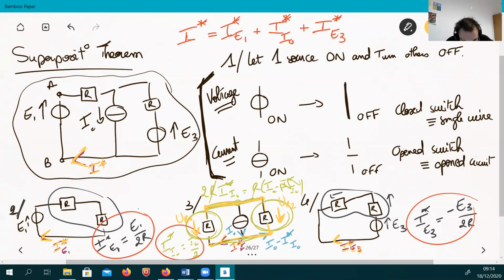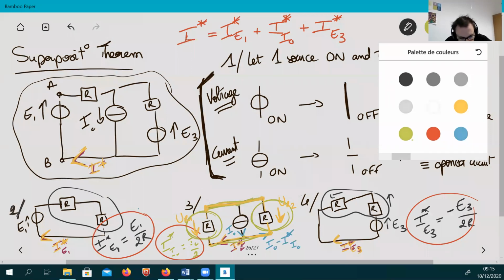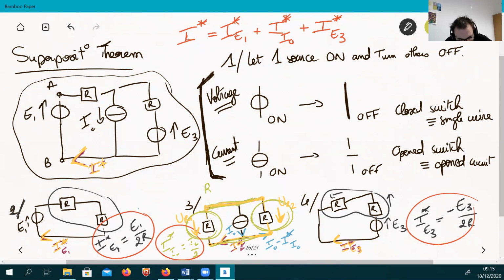But why is there a 0 in front of the first R? Because I'm doing my express computation maybe too fast. So you agree because UR1 equals R times I star I0, okay? And the other one equals R times I0 minus I0 star, like this.